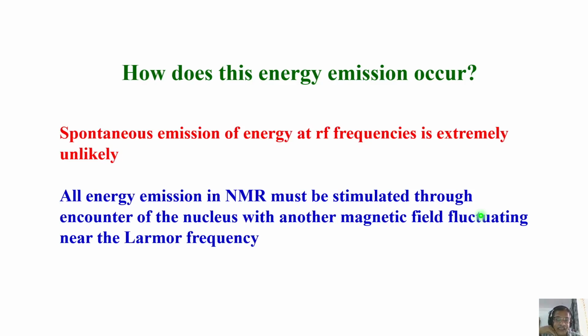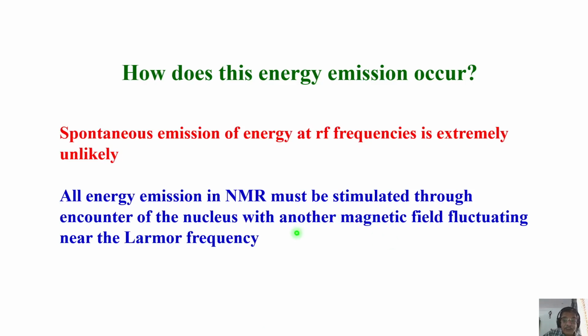The stimulation comes because of the encounter of the nucleus with a fluctuating magnetic field. Where do you get that fluctuating magnetic field? It comes because of molecular motions. See, the molecule keeps oscillating, keeps rotating, it's changing its state, and it is undergoing fluctuation.